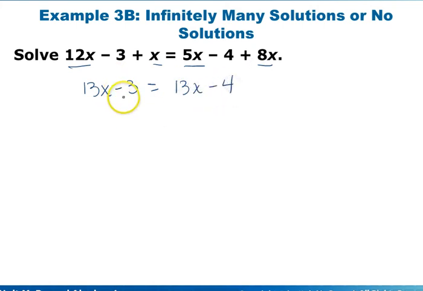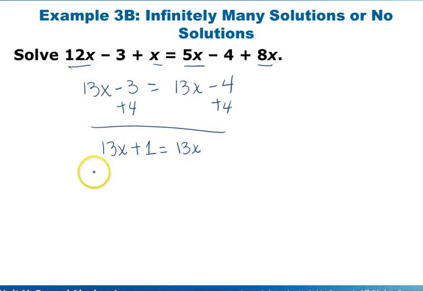Now I'm going to go ahead and move my 3. Actually, let's go ahead and move 4 so we do not end up with a negative. So we have 13x, and then negative 3 plus 4 will be positive 1 is equal to 13x. Now I have to move this 13x to be with the other one.